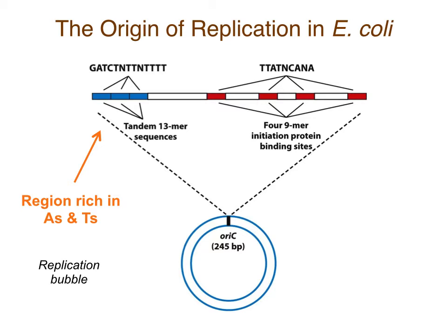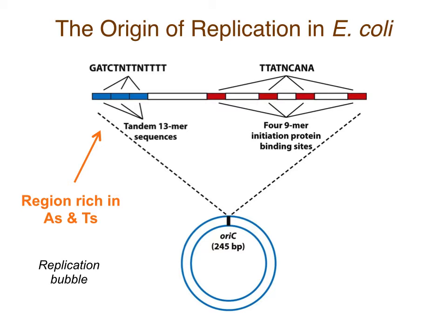We also found that there were four sites where the initiation proteins would bind. When we looked at the base pair composition of those four sites, there you see in the red, it would be TTA-T, again N, it could vary there, and then a CA, again another site that varies, and then an A. And these were all 9 base pairs long.